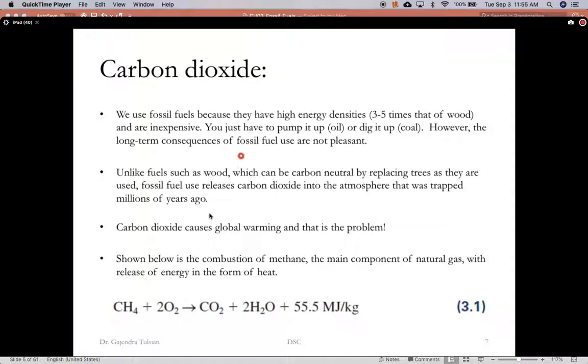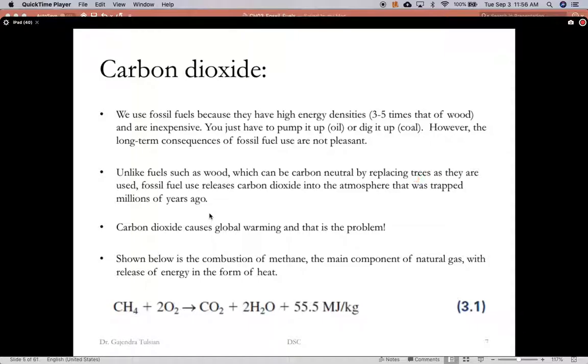However, as we know, the use of fossil fuels causes global warming. Unlike fuels such as wood, which are carbon neutral, to get more wood you have to plant trees, and the trees trap carbon dioxide from the atmosphere.